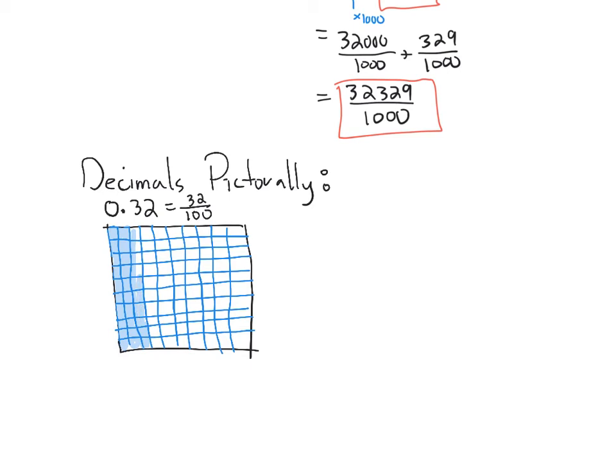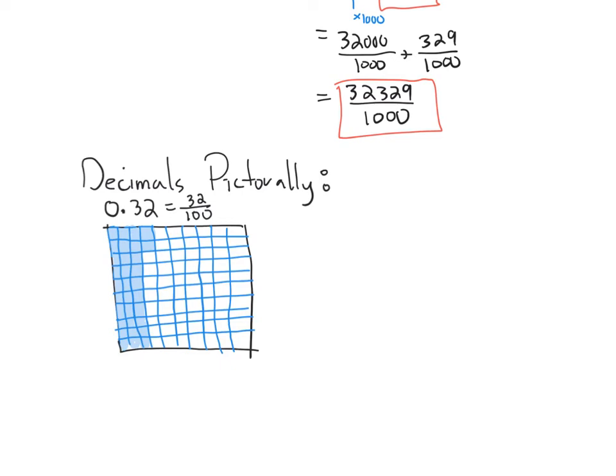There's 30 hundredths and 3/10, plus we have these two here. So this is a representation of 32 hundredths.